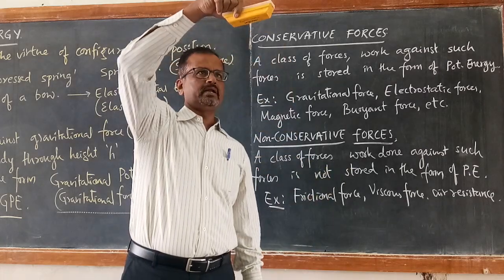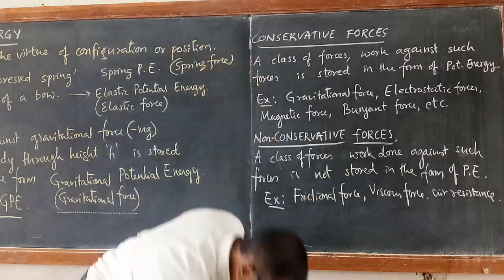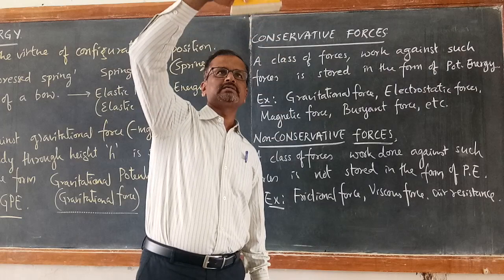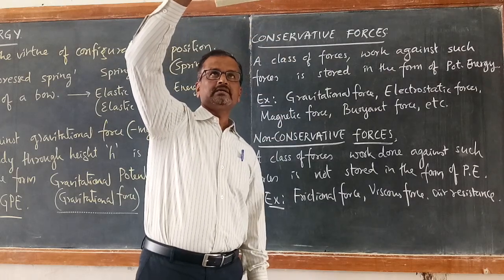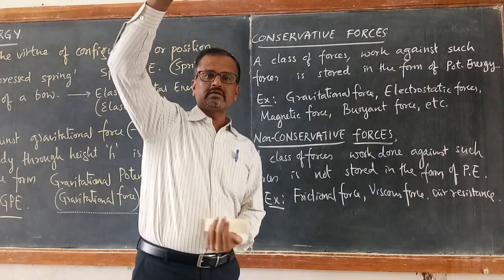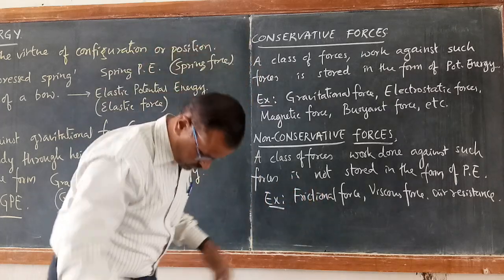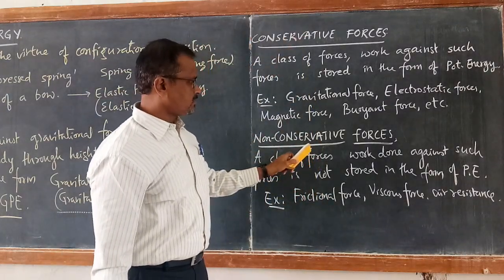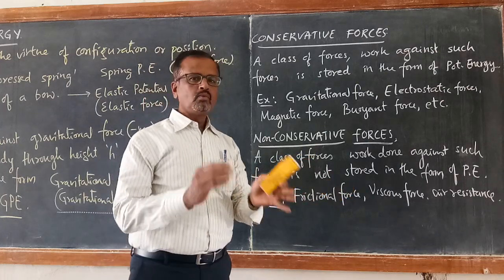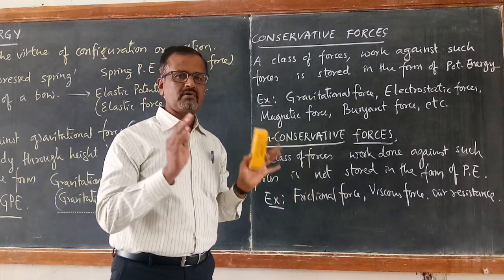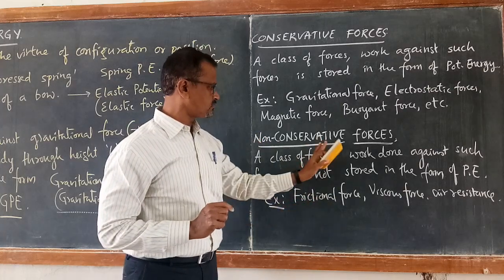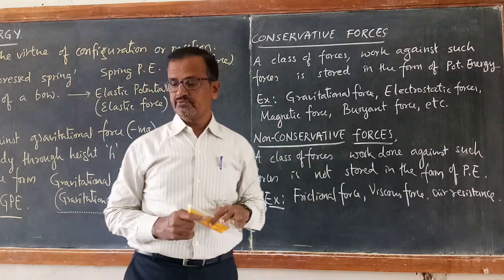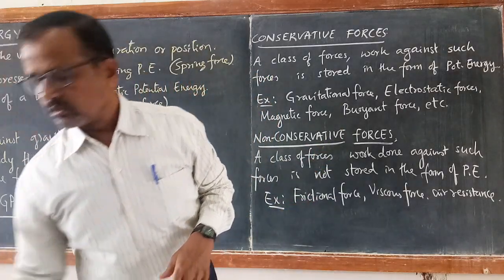Whereas in the case of gravity, when I lift it, I am doing work against gravity. But when I release it, the gravitational force does the work. So such a class of forces is called conservative force, and this other class is the force wherein the work done is not conserved in the form of potential energy. Such a class of forces is called non-conservative force. Okay.